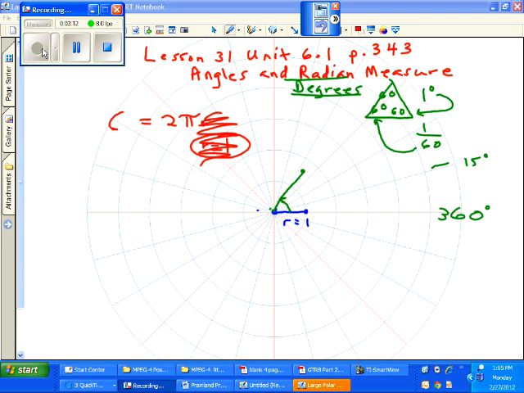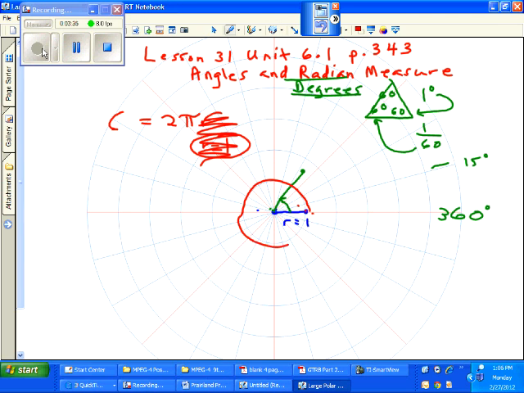So if we're in the unit circle, then we could say that the circumference is 2 pi. Now, pi is 3.14, so 2 pi would be 6.28. And so we could say in this unit circle, in this circle with a radius of 1, the distance around that circle is 2 pi.